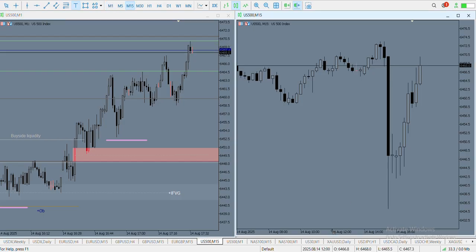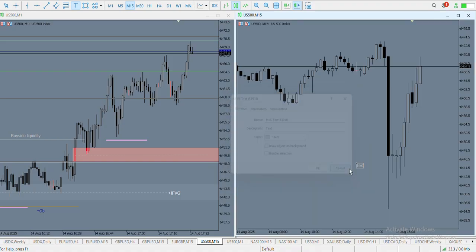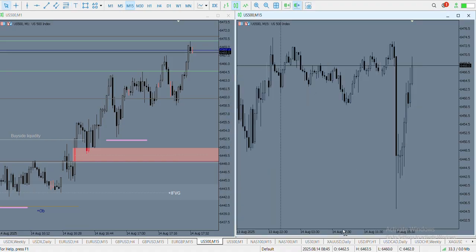So US 500, we still have some handles to cover until we get into this old high here, these relative equal highs. If you look at the bodies, this one and this one, these are relatively equal. But my interest goes way beyond this high here, and then we have this one here. That high right there.